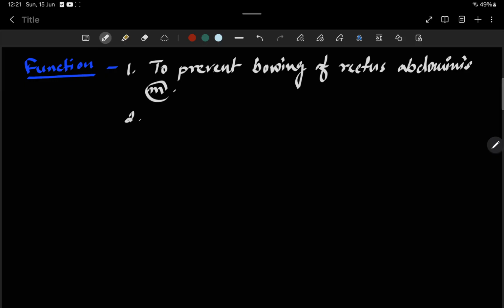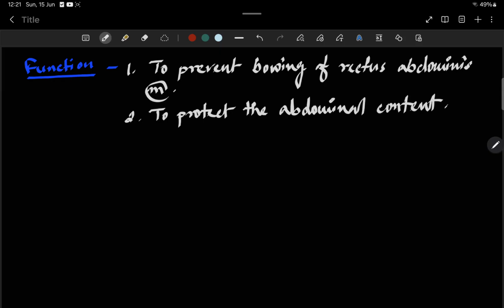Number two, to protect the abdominal content.